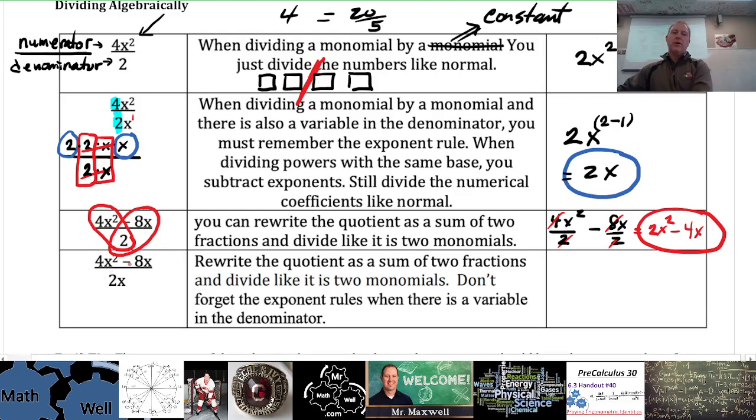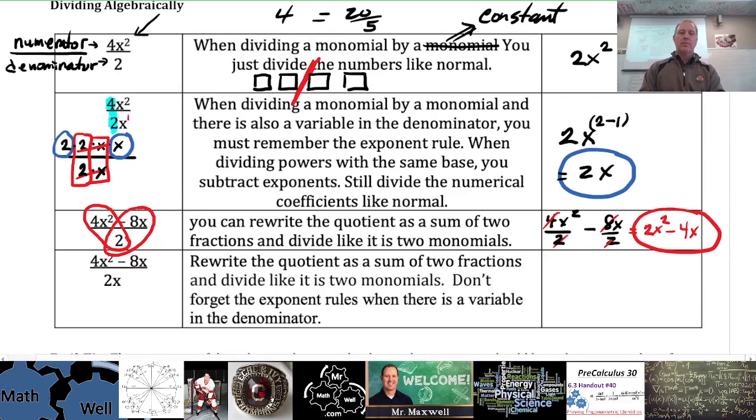So 4x squared minus 8x over 2x. Well, again, what we can do is we can split this into two fractions that are subtracted. So I'm going to split this into 4x squared over 2x minus 8x over 2x. And that way we'll be able to do simpler calculations here.